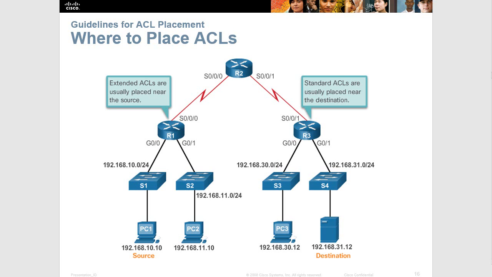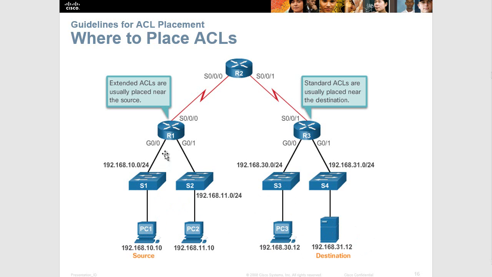Okay, so let's say you got your source here, and you got your destination. All right, I want to block this source or this IP address, maybe the whole network, from reaching, let's say, PC3. We want PC1 to be able to communicate with the server over here, but we don't want it to be able to communicate with PC3.